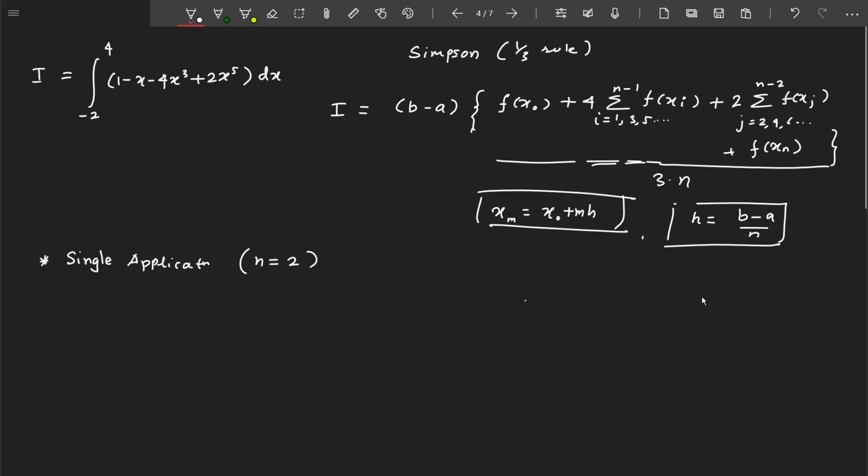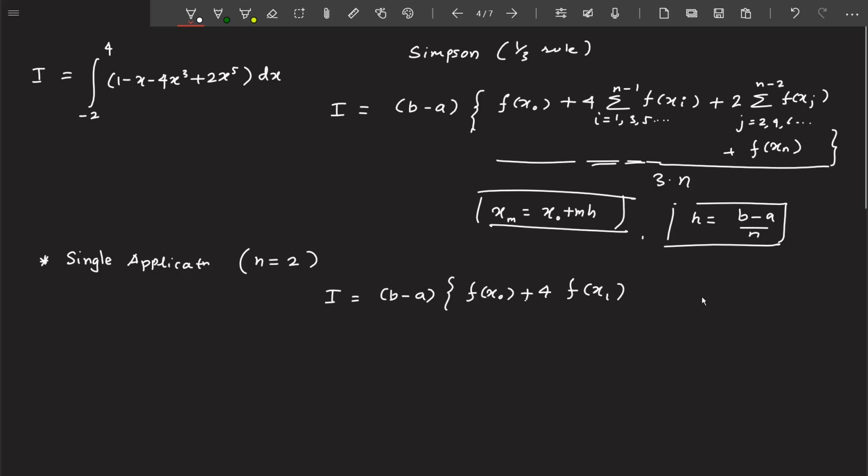Okay, so when n is equal to 2, I is equal to b minus a times [f(x0) plus 4 times the summation starting from 1 to 1, so it's just going to be f(x1).